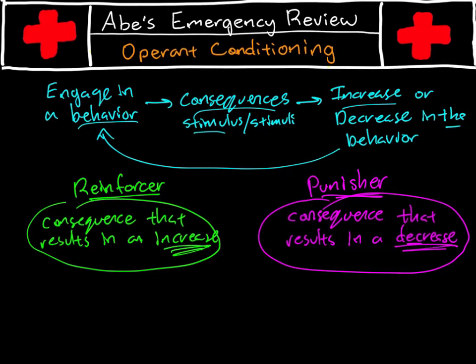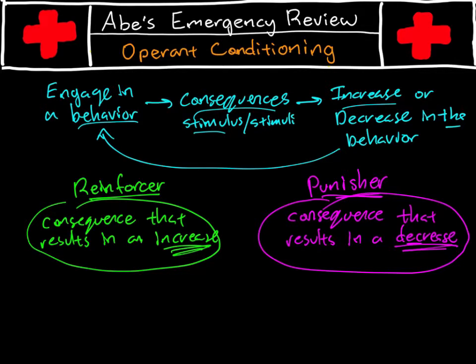An example of a punisher would be you go up to the vending machine, you put your money in there expecting to get a candy bar, but instead some sadistic psychology professor like Abe has wired up the vending machine so that instead of getting a candy bar, you encounter an electric shock. That leads you to engage in the behavior less often in the future, so there's a decrease in the behavior. We'd call the consequence of getting the electric shock a punisher.